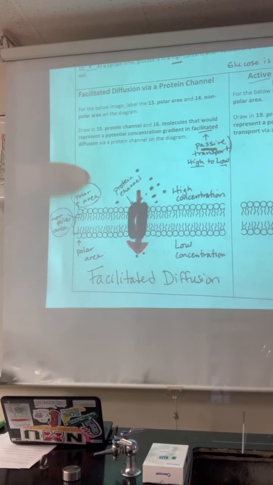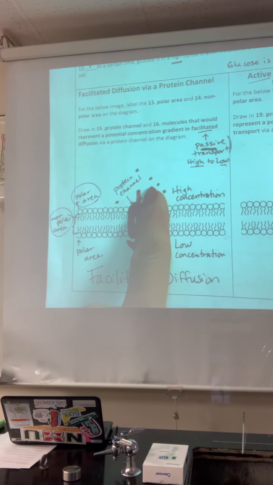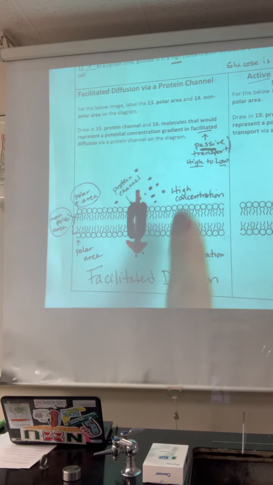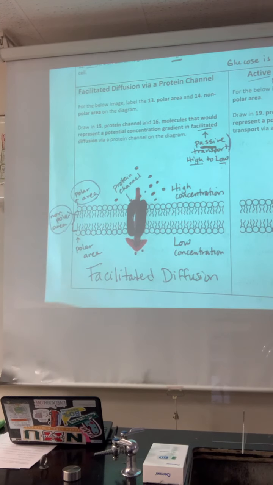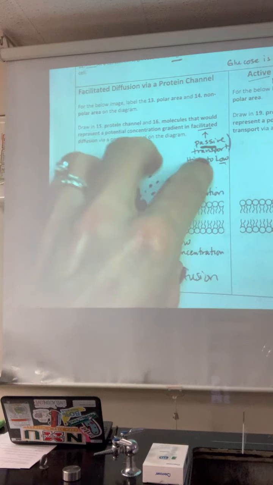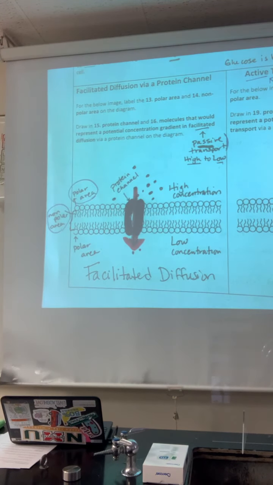Please either put in a bunch more molecules on this side versus this side, or write the words high to low concentration, making an arrow showing the direction of movement to the best of your ability. Okay? Again, I gave you points for completion on this, so as long as you know this stuff for the test, you're good. All right? So this is facilitated diffusion. It moves from high to low.